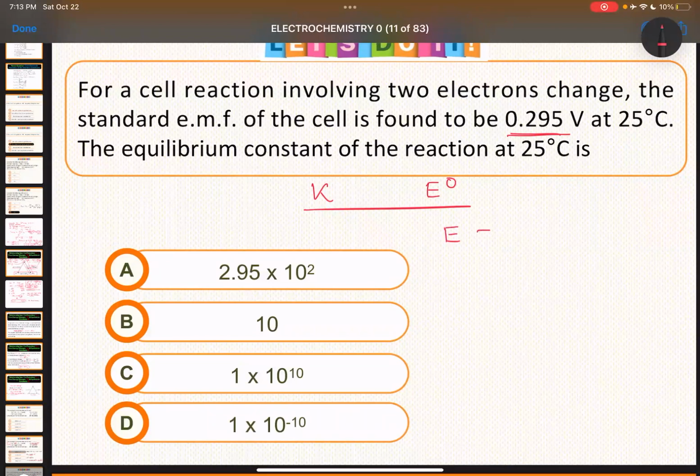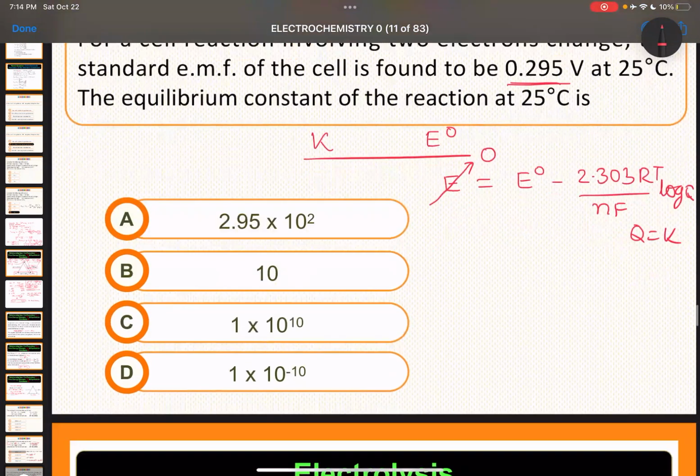E cell equal to E naught cell minus 2.303 RT by nF log of Q, the reaction quotient. At equilibrium, E is equal to 0 and Q equal to K. Just put it like this.